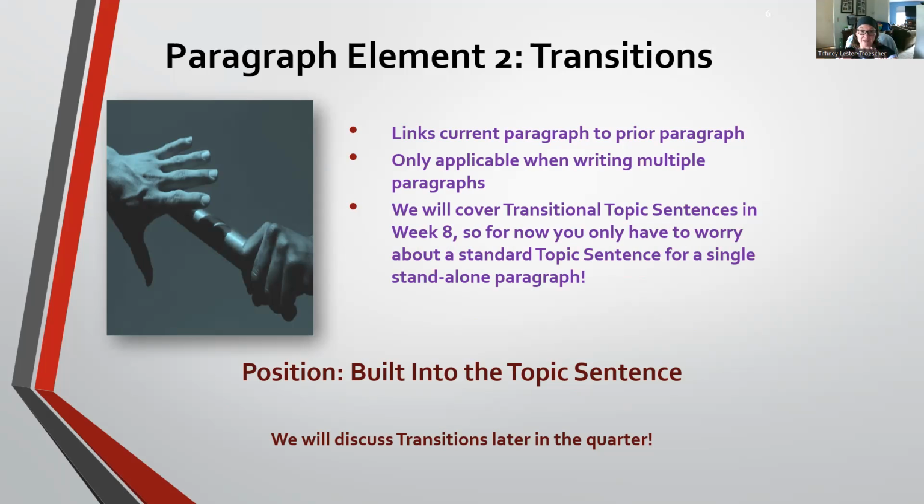And then in the second paragraph, you'll still have a topic sentence that tells us what this second paragraph is all about, but it will also contain a transition that links us from the first paragraph to the second paragraph, right? We're going to cover transitional topic sentences in week 8 when we switch our focus from single standalone paragraphs to actual essays.